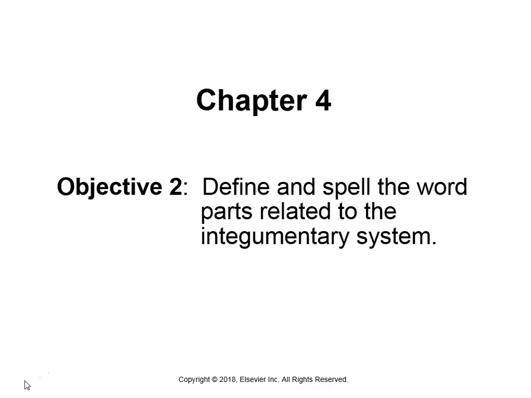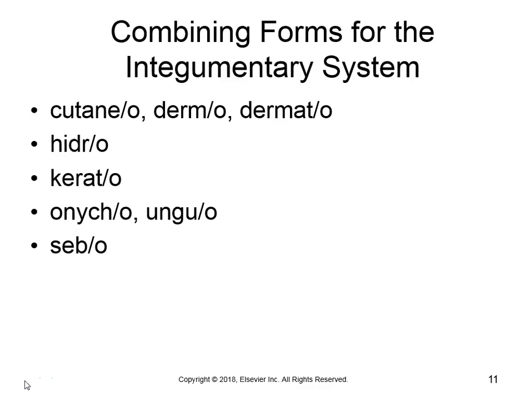So now that you've got a general gist of what the key pieces of the system are, now we're going to put some medical parts to those and build words from there. So in your book, the very first table you will find is going to be on page 87, and these are the combining forms. You'll notice that there are 3 different combining forms that all mean skin.